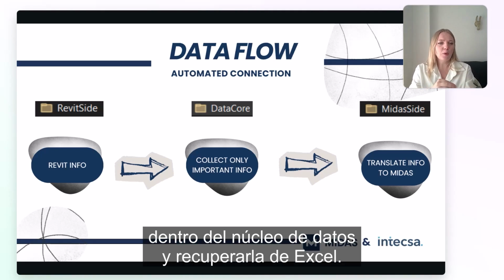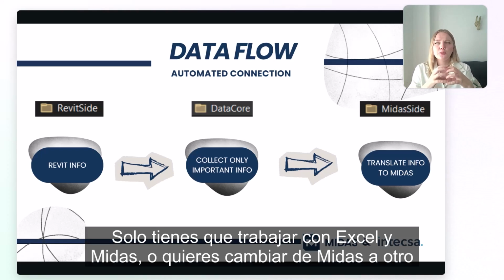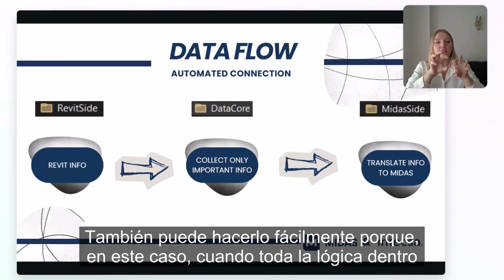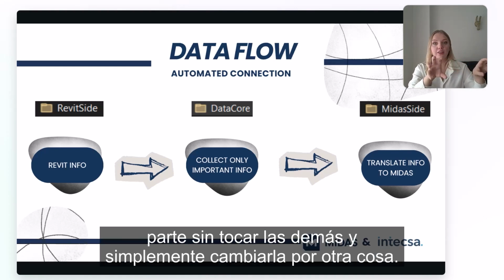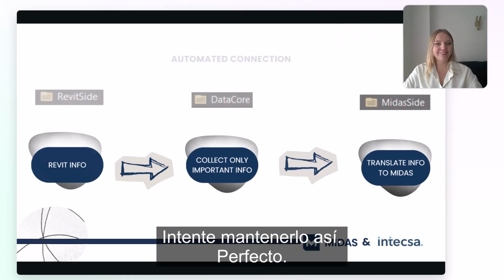And at some moment, maybe you don't need Revit anymore. You just have to work with Excel and MIDAS, or you want to switch from MIDAS to, I don't know, another kind of MIDAS, from Civil to Gen, whatever it can be. And you see that there's like some other logic you want to follow. You also can easily do that because in this case, when all the logic inside of your project is architecturally separated, you can remove one part without touching others and just change it to something else. This is very useful and very cool. So just try to keep it that way.